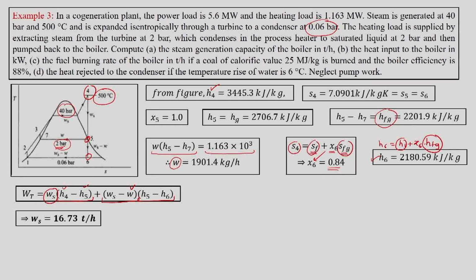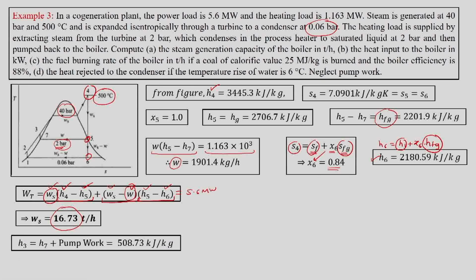So, what we know this is equal to 5.6 megawatt. So, here H5 is known, H6 is known, H4 is known, Ws is known, then only we have to find out W, and this turns out to be 16.73 tons per hour.